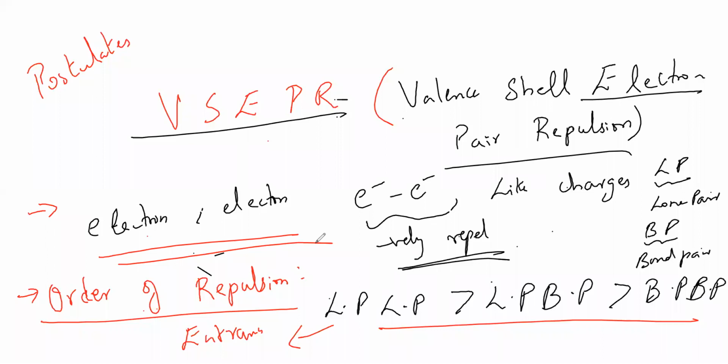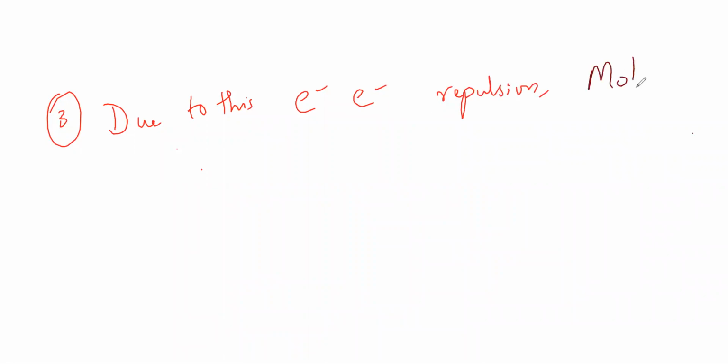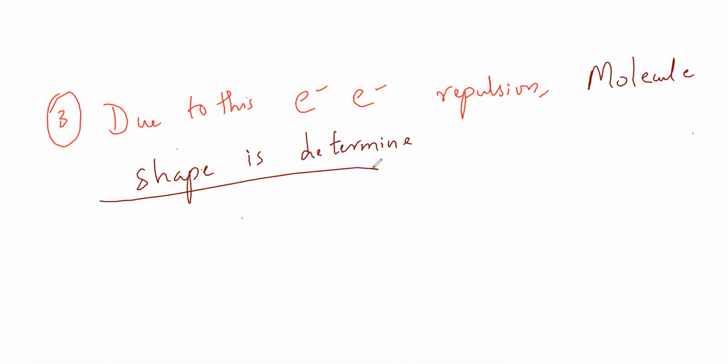Electron repulsion is there, right? Due to this electron repulsion, molecule shape is formed. What is formed? Molecule shape, or shape of the molecule, is determined. Determining the value of the electron repulsion, the shape of the molecule is determined like that only.